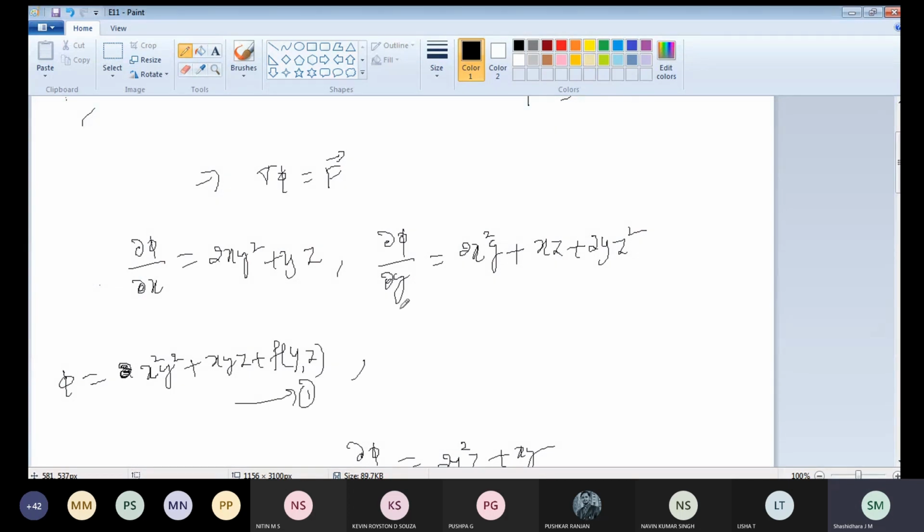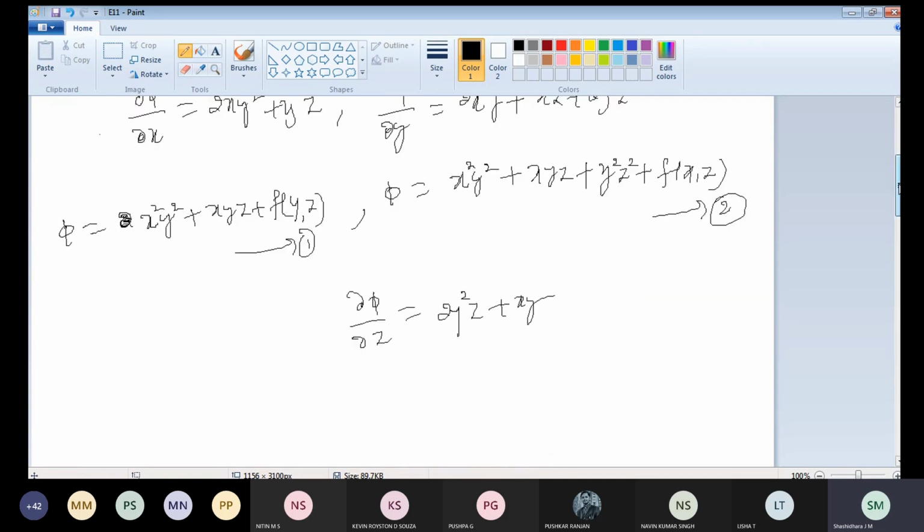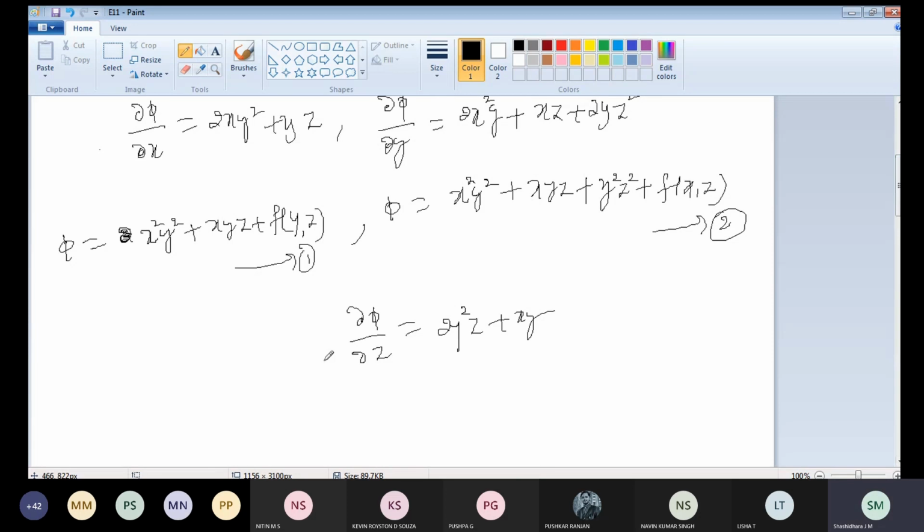With respect to y, phi equal to x square y square plus xyz plus y square z square plus f of z comma x, equation 2. And with respect to z, phi equal to y square z square plus xyz plus f of x comma y, equation 3.